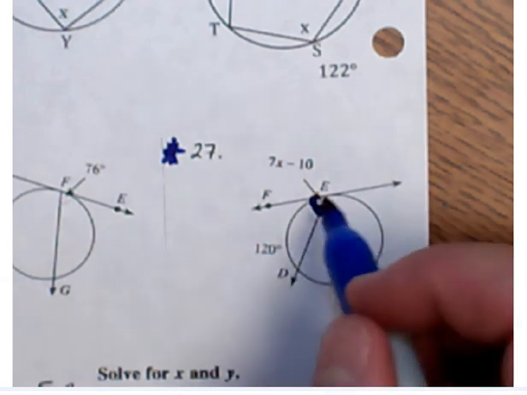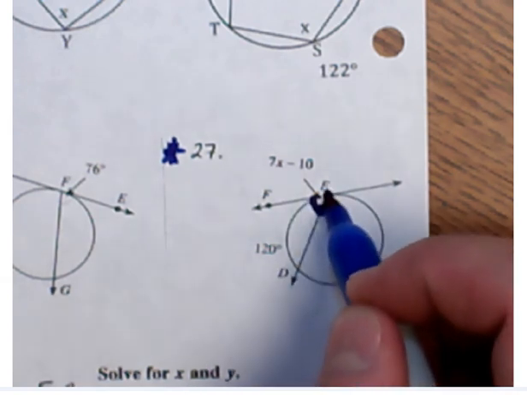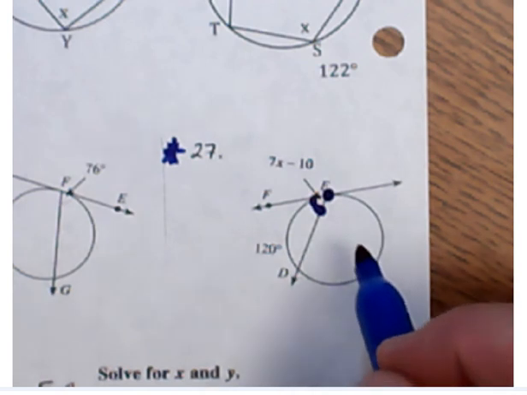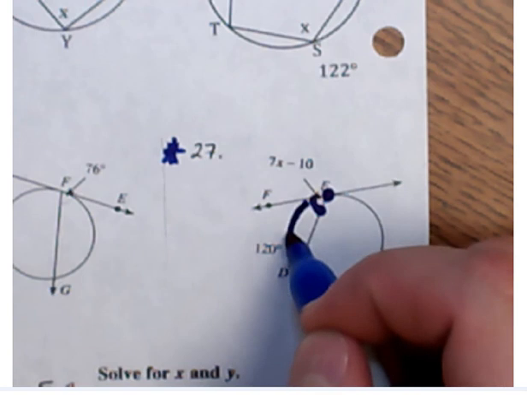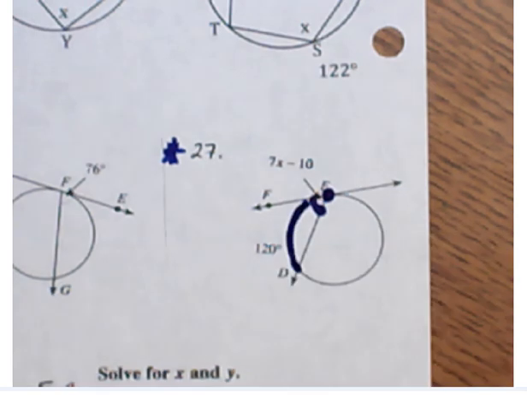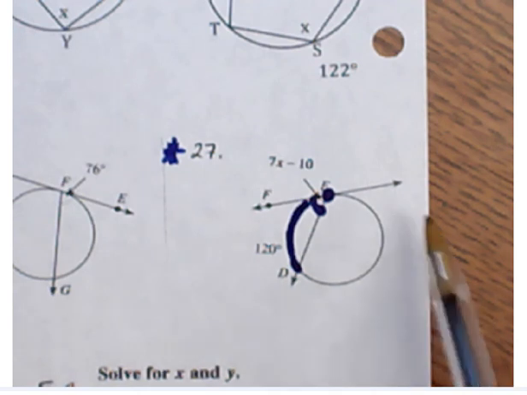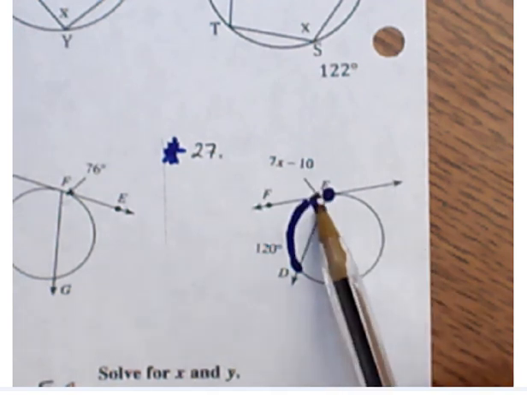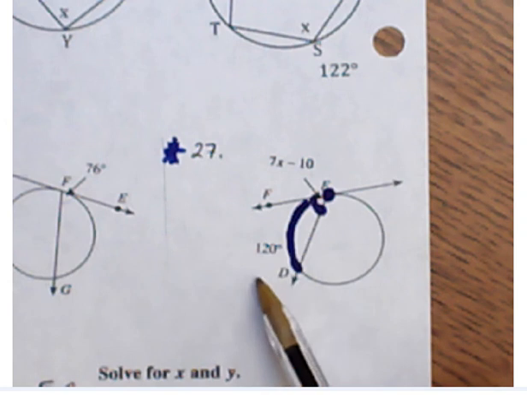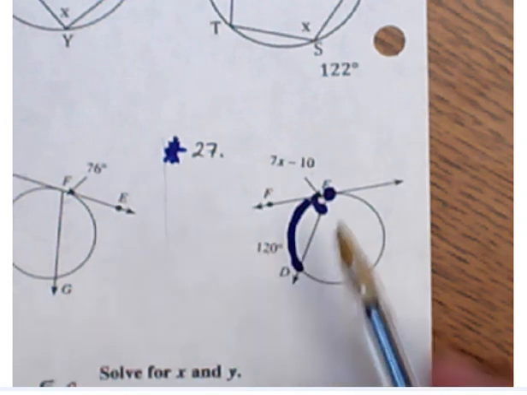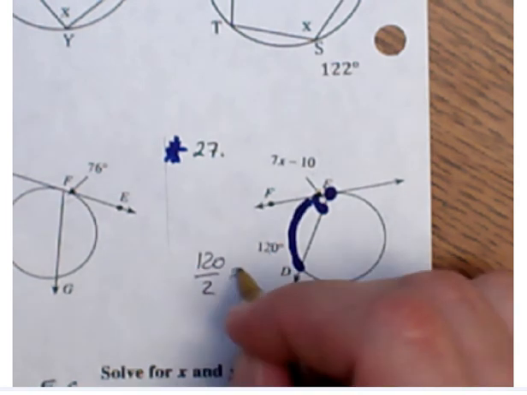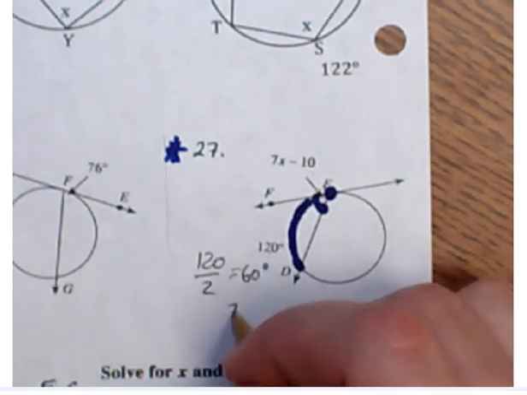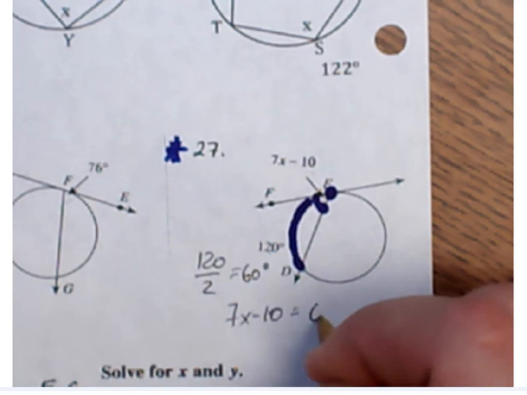Now the 7x minus 10, the vertex is on the circle, so it's half the intercepted arc. Where's the arc? It's the 120. It's right there. So we know that 7x minus 10 is going to be half of 120. So if we take 120 and we divide by 2, we get 60. 7x minus 10 is 60 degrees.